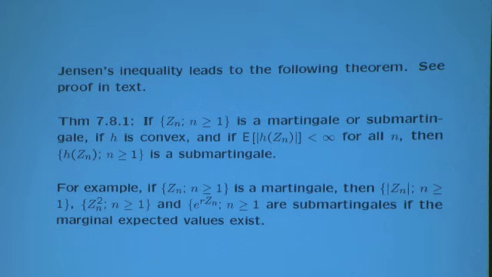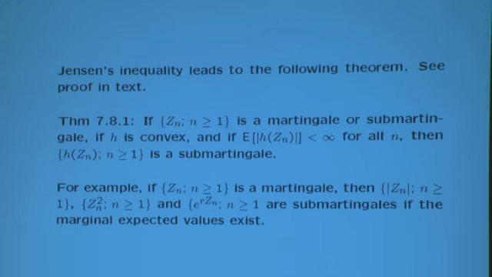This theorem is usually stated as: if z_n is a martingale, then h of z_n is a submartingale, which is true. But just as obviously, if z_n is a submartingale, which is more general, h of z_n is also a submartingale. So you don't get out of the realm of submartingales by taking convex functions.